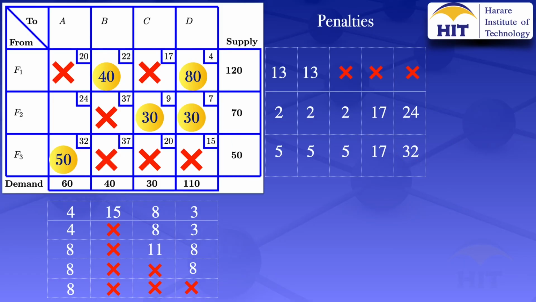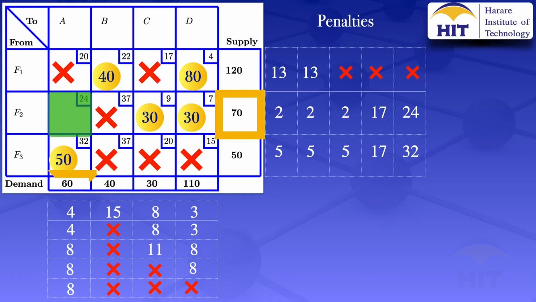What we now have to look at is the only cell that is left that has no allocation, this cell here. To see how much we can allocate there, we look at the supply constraint, it's 70. But in that row, we've already allocated 30 and 30. So we are looking at 70 minus 30 minus 30, which gives us a 10.